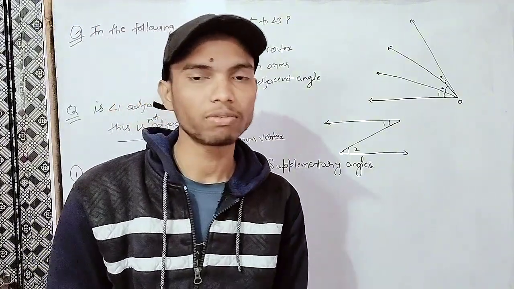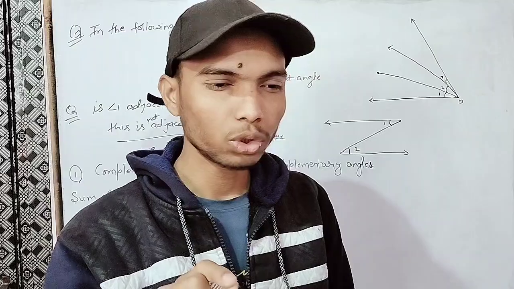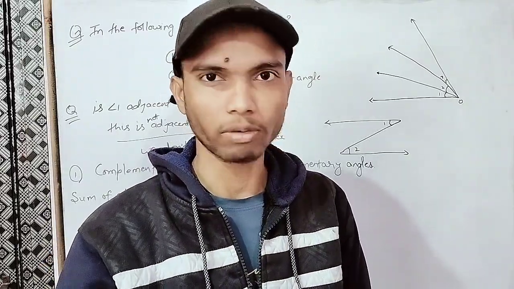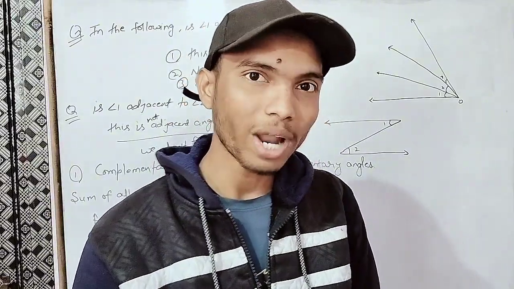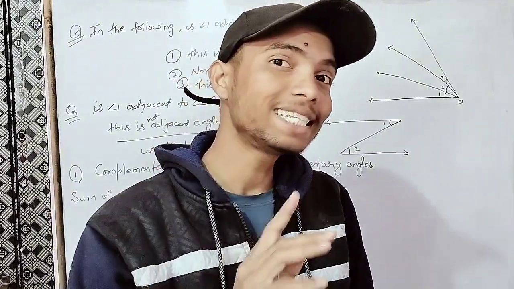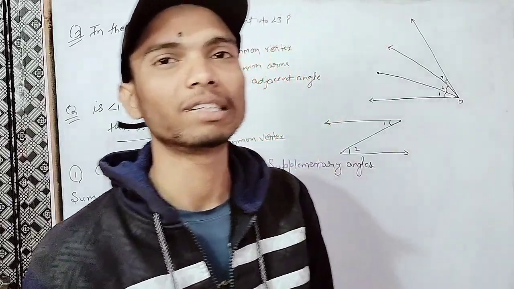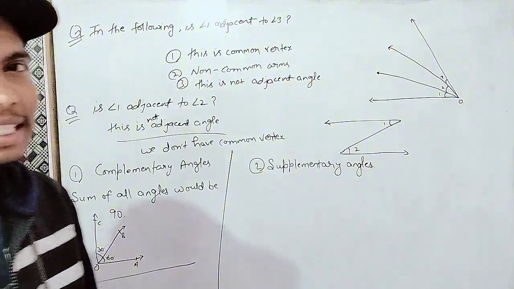But in the case of a supplementary angle, it says that you have more angles, you have two angles, three angles, four angles. So the sum of your angles is 180 degree. Now it would be known as supplementary angle. Is it easy?